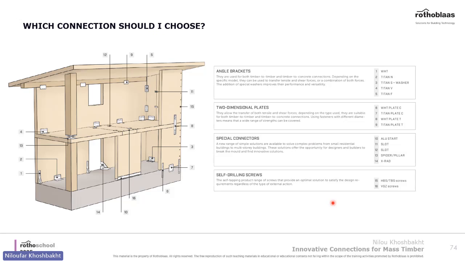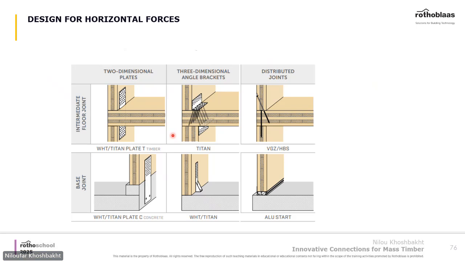All right, regarding the connections in mass timber, there are many more connections. There are hold downs, as you see, connecting wall to wall and panel to panel, for the first floor and for intermediate floors. There are different solutions.